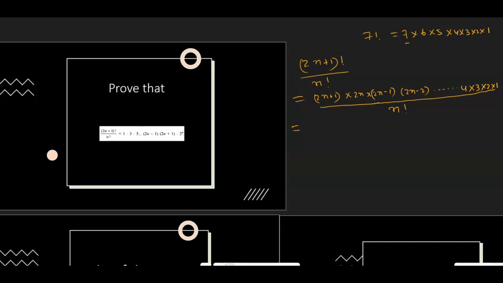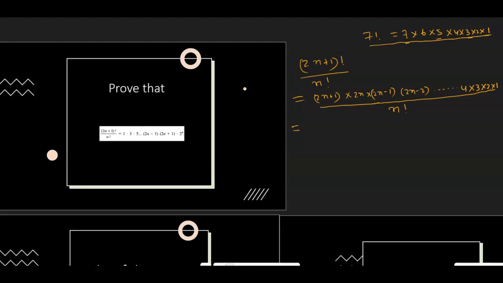How many odd factors are there? 4. How many even factors? 3. So when the factorial is of an odd number, the number of odd factors will be 1 more than the number of even factors.